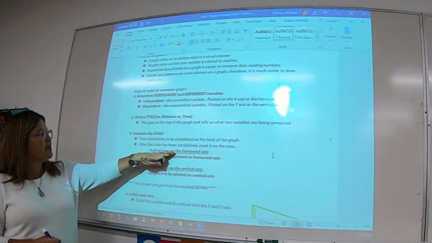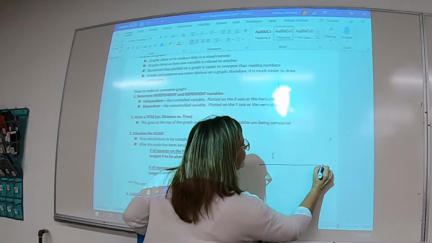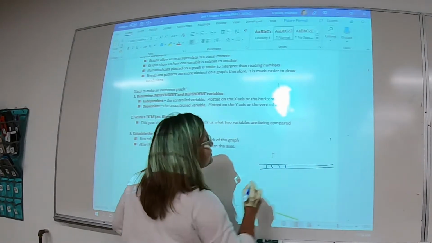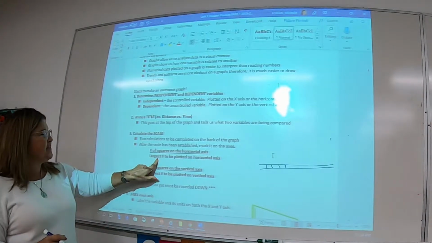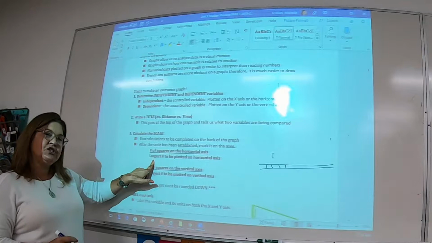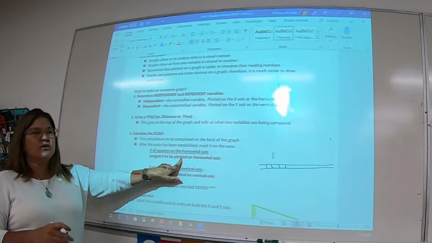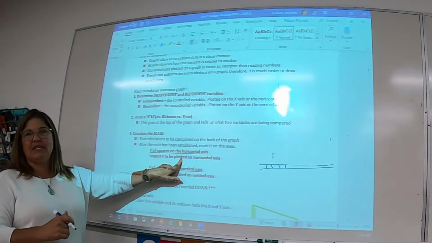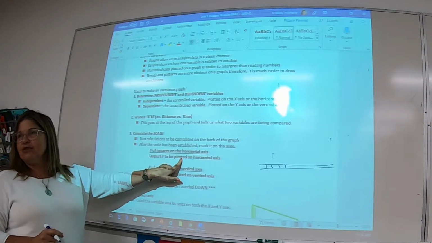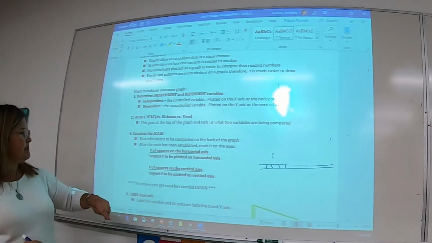You take the number of squares on the horizontal axis, so you're going to draw a line, and you're going to find out how many squares are on that. Divide it by the largest number to be plotted on that horizontal axis. So you might have 15 squares, and the largest number is 60. So you take 15 divided by 60.